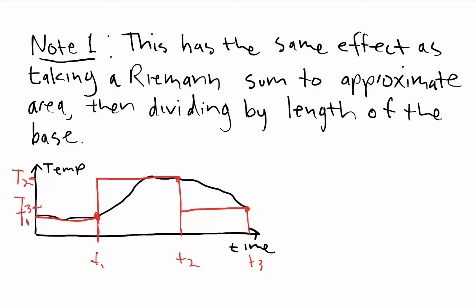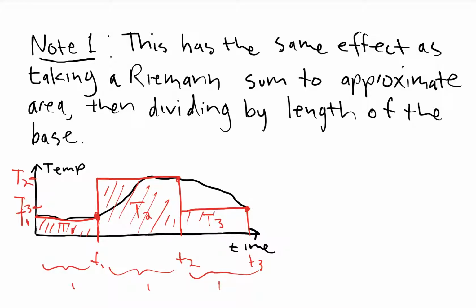Now, remember, when I said that everything was going to be 1 unit wide, that actually makes computing the areas of these rectangles really, really easy, because base times height is just 1 times whatever the height is. That meant that this first guy is 1 times T1, so that has an area of T1. This is going to be 1 times T2, so this has an area of T2, and this last guy similarly is going to have an area of T3.